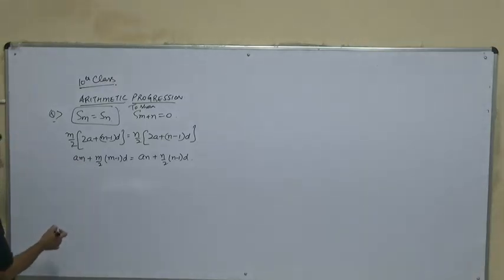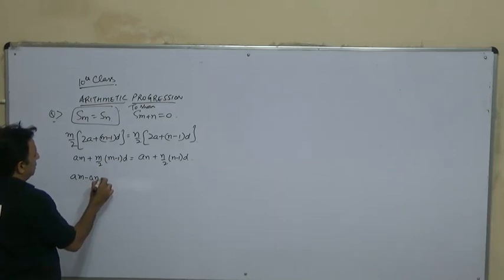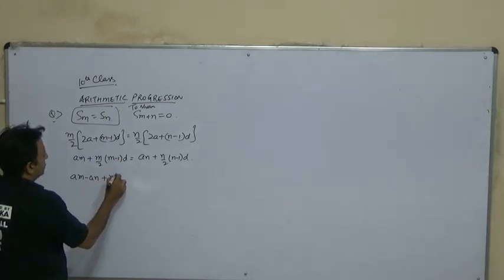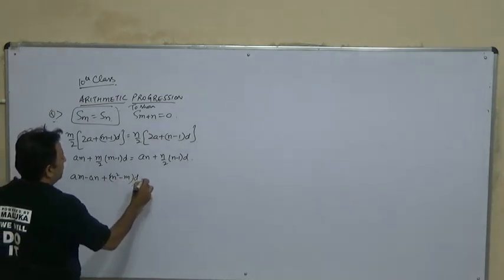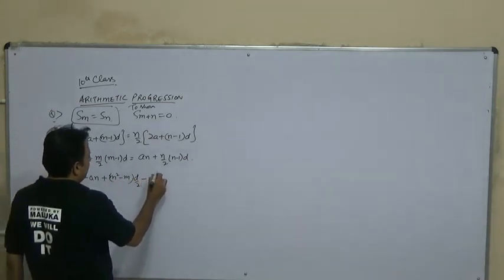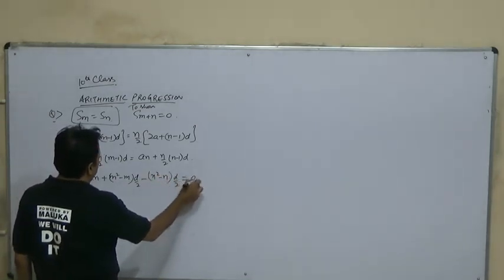Take to the one side, this will be am minus an plus (m square minus m) into d by 2 minus (n square minus n) d by 2 is equal to 0.